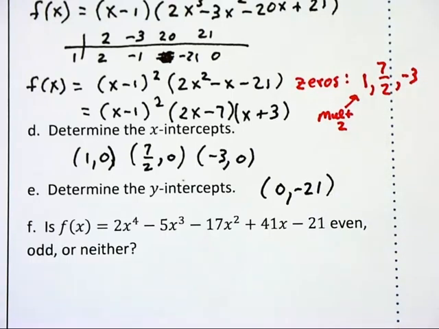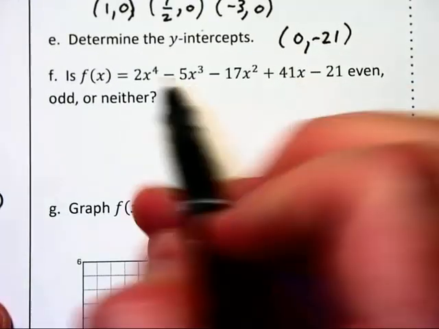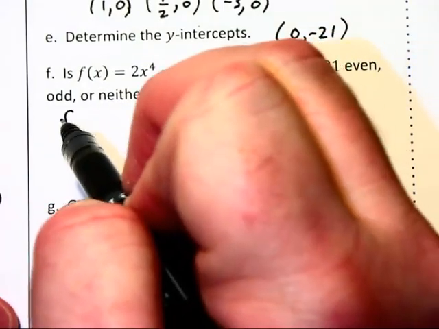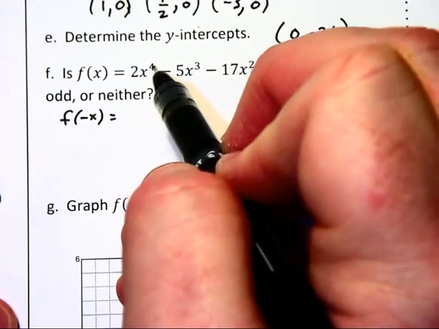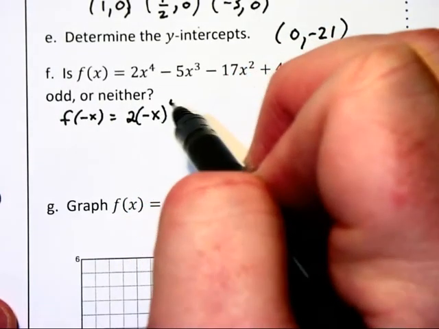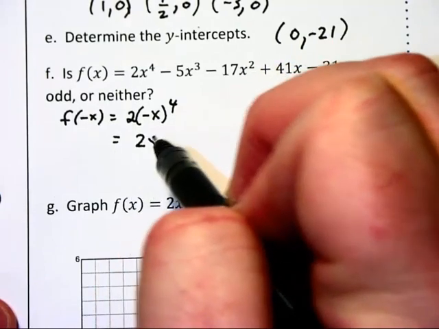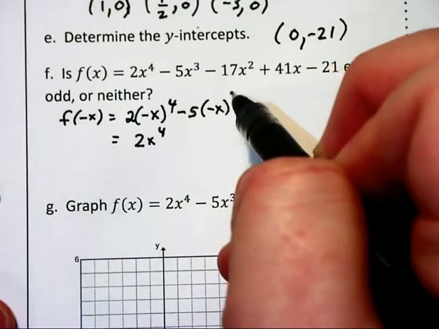Is this an even or an odd function, or neither? Okay, I think I need to rewrite, we've got f of x right there. Let's find f of negative x. 2 times negative x to the fourth, that term becomes 2x to the fourth. We then have minus 5 times negative x cubed.